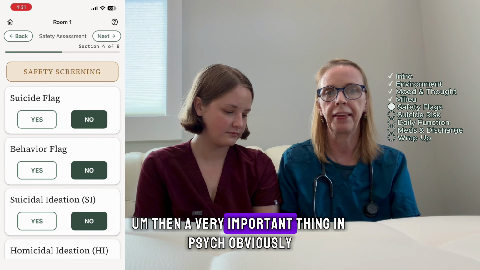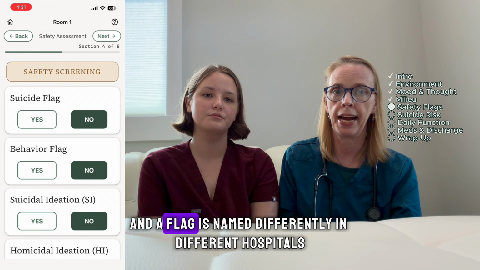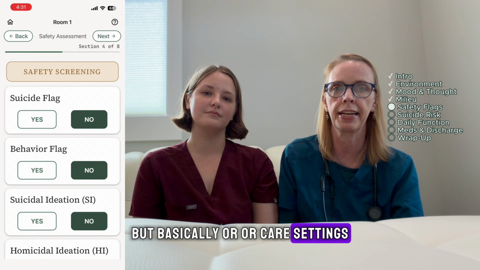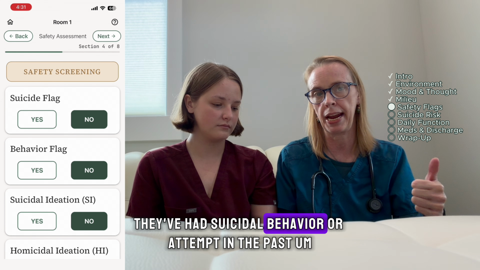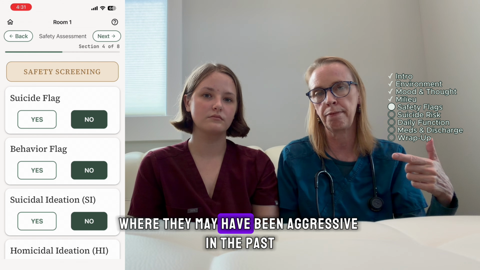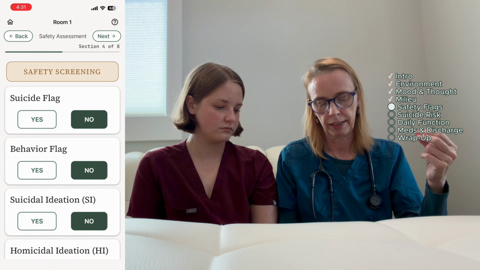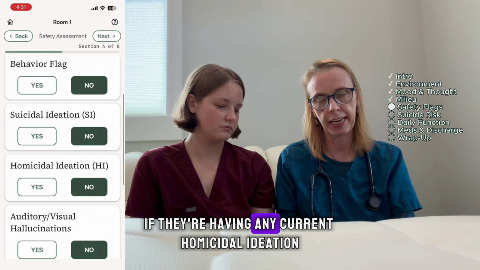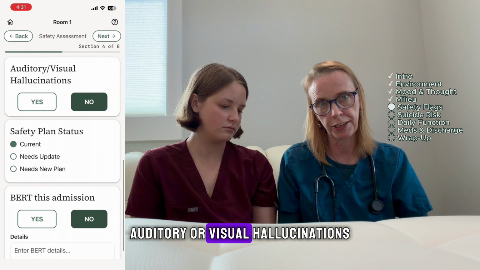Then a very important thing in psych, obviously, is if they have a flag, and a flag is named differently in different hospitals or care settings. A flag is typically something for either suicide, where they've had suicidal behavior or an attempt in the past, a behavior flag where they may have been aggressive in the past, and also if they have any current suicidal ideation, any current homicidal ideation, or any auditory or visual hallucinations.